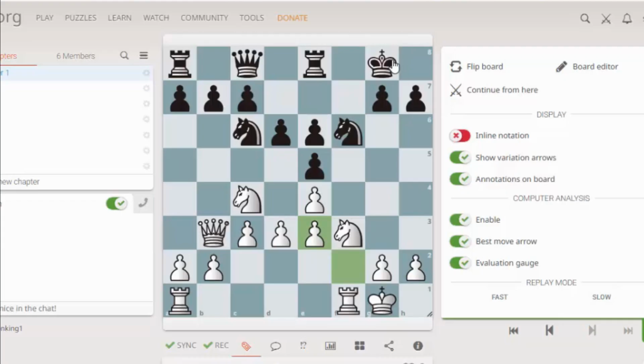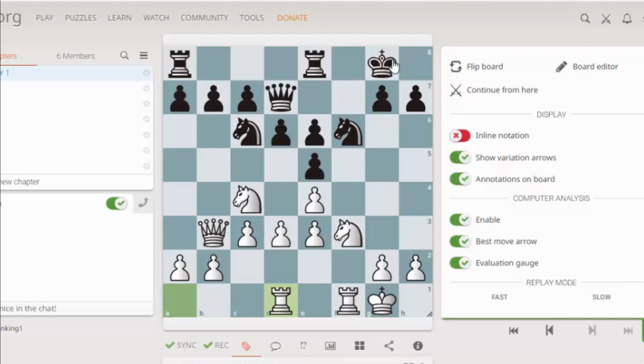Now let me make a move here. Now, how do you write this move? Is that RA1? I don't know. RA is correct. Okay. Which square did it move to? To D1? Yes, RA D1.